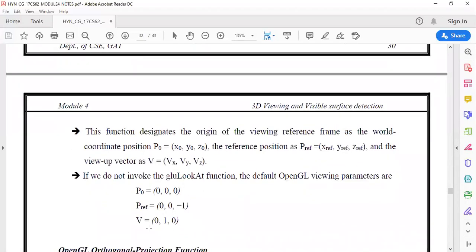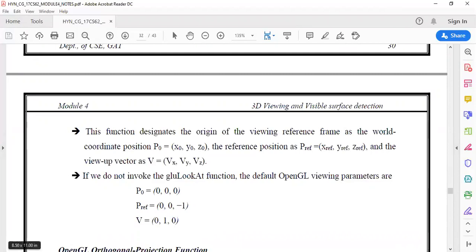By default we say I'm looking from the z axis and viewing along the y axis. If you take this laptop as an example, when I'm viewing this laptop, I'm viewing along the y axis, this entire laptop screen is the view up vector.